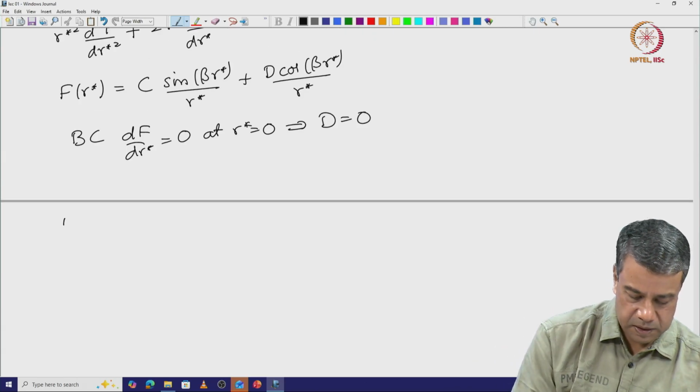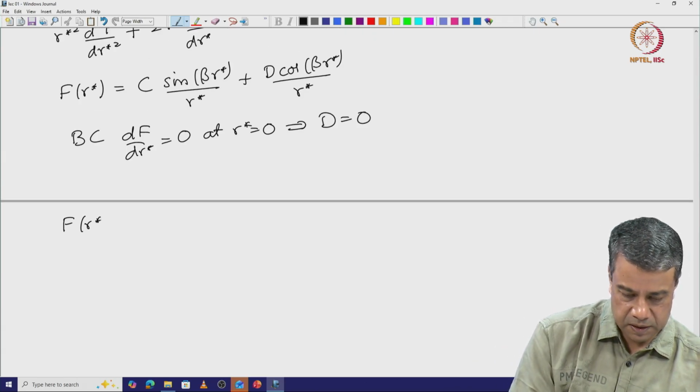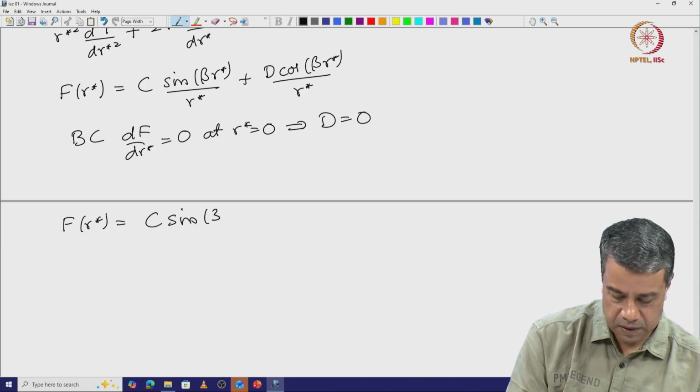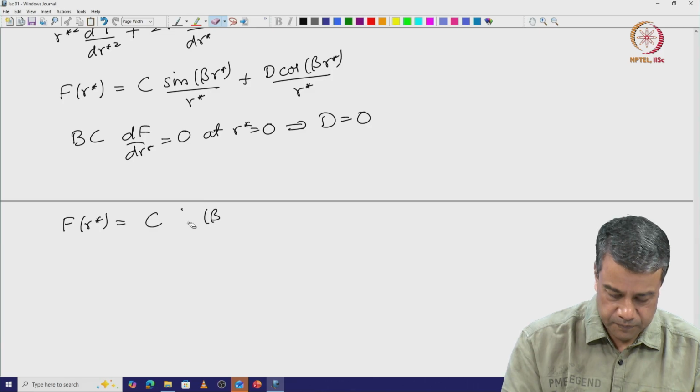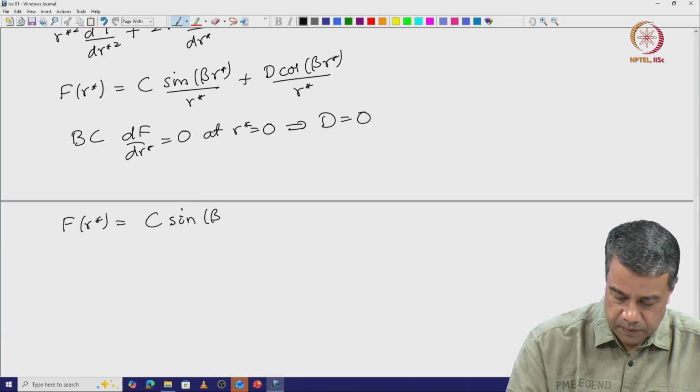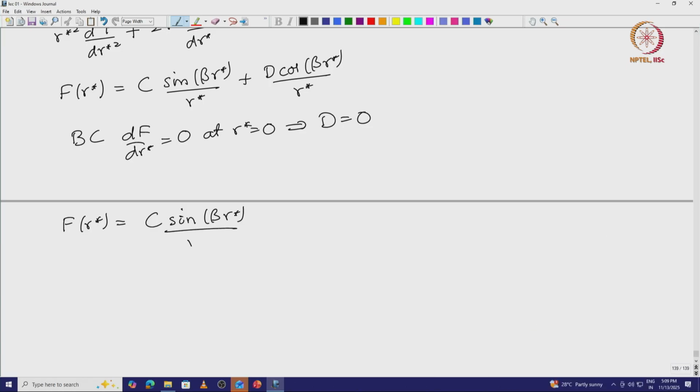The other boundary condition is that f of r star is equal to 0 at r star equal to 1.